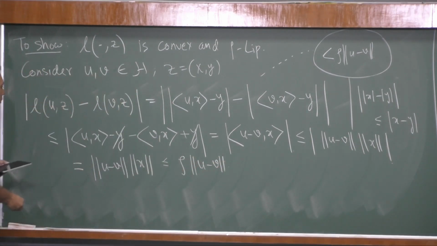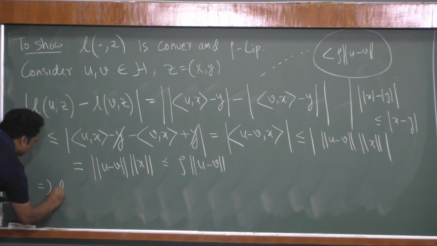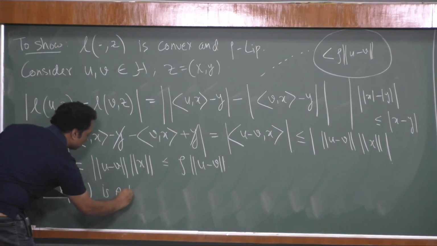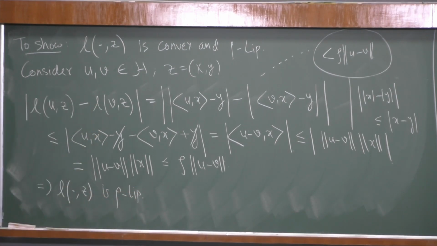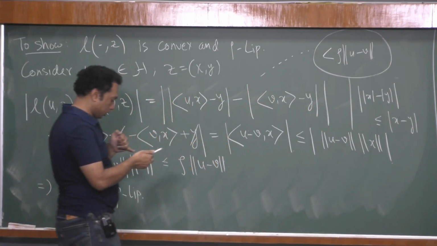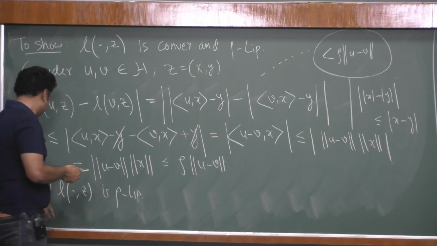So this implies that L is rho-Lipschitz. Another class is convex, smooth, and bounded. Now instead of Lipschitz we are saying smooth.